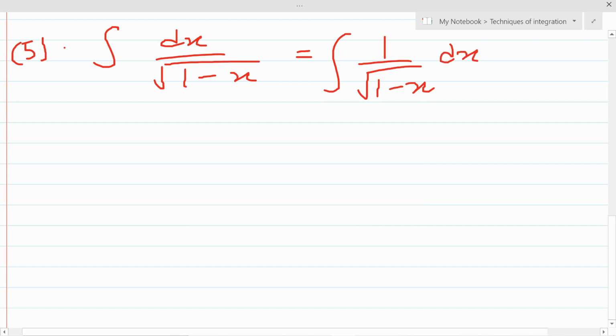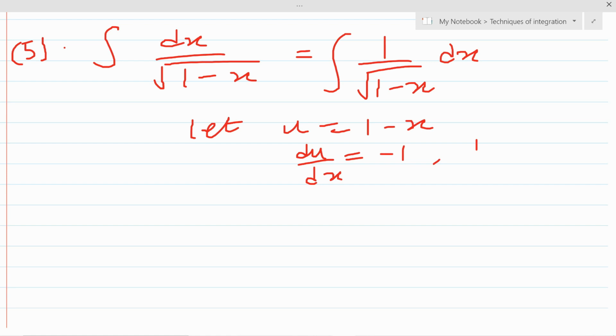Okay, so with this I can simply do some substitution here. If I let the same thing that we did before, u be equal to 1 minus x, then our du dx becomes -1. Okay, this means that our dx is equal to negative of du. Alright, this is very simple.